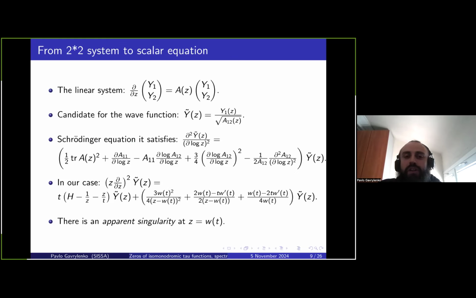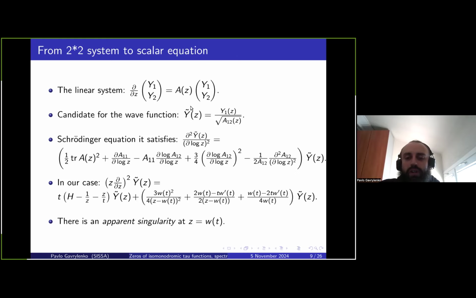It is just to take the first element in this column that solves the system and say that it should be our wave function. We also noted that this way we get some non-trivial first derivative of it, and this can be fixed by division by square root of a12.